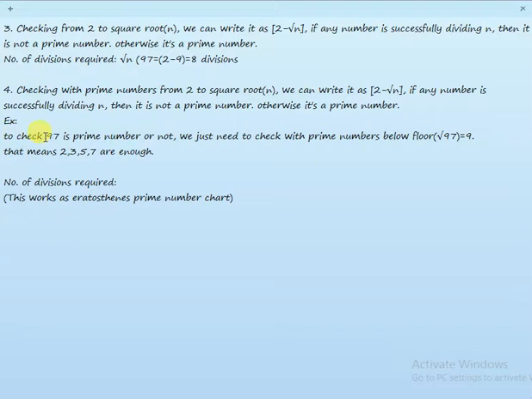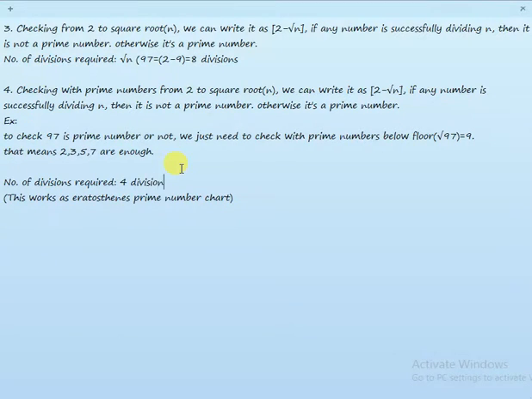For example, to check whether 97 is a prime number or not, we just need to check with the prime numbers below the floor of the square root of 97, that is 9. So the prime numbers below 9, just 2, 3, 5, 7, are enough to check whether 97 is a prime number or not. Very funny, right? So the number of divisions required here is 4.